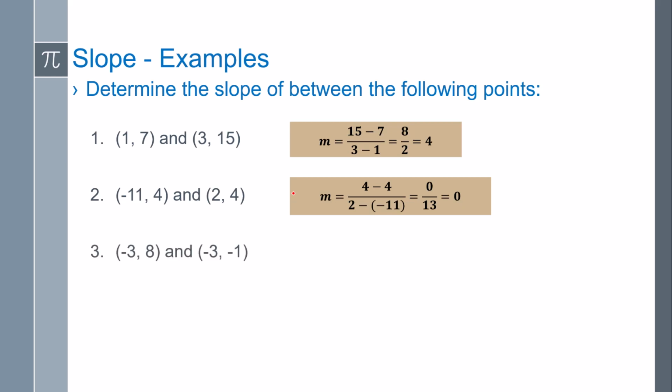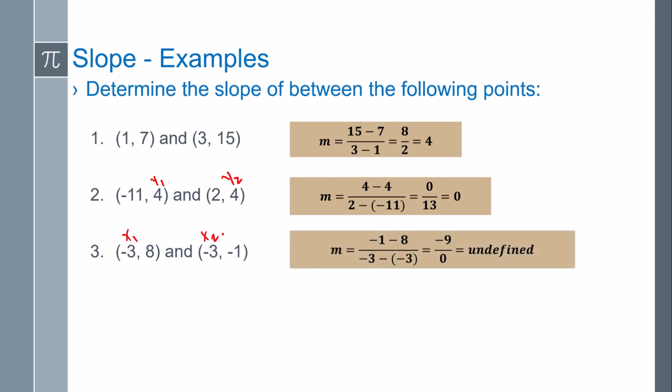Now notice we get a slope of 0 when your y1 and your y2 are the same. Now what happens if my x1 and my x2 are the same? If I subtract y2 minus y1 over x2 minus x1, I get a 0 in the denominator, which means it's undefined.